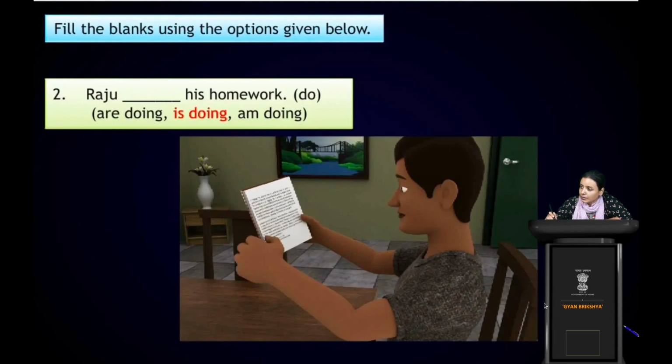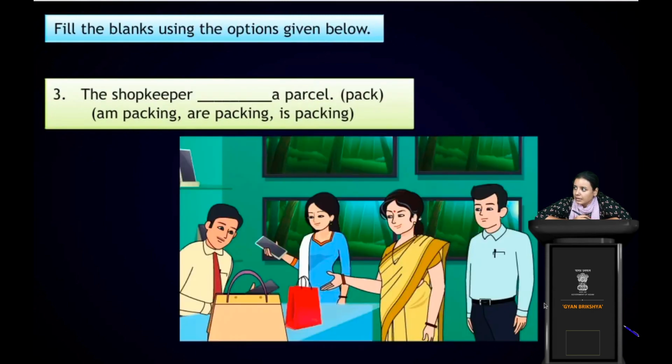Now see, what is the next? The shopkeeper dash a parcel, pack. Pack is the verb. Now you have to apply that. What will be the option? I am packing, are packing, is packing. The shopkeeper is packing, because he is the only one.